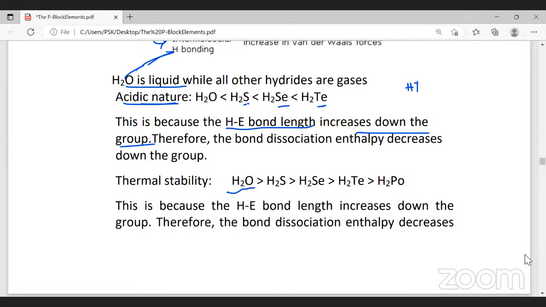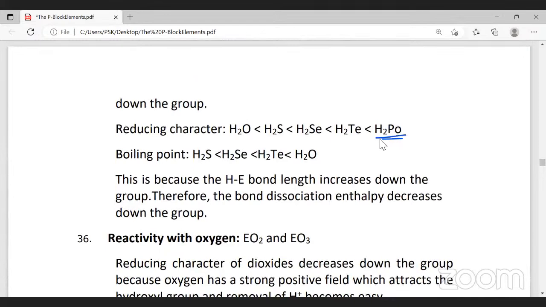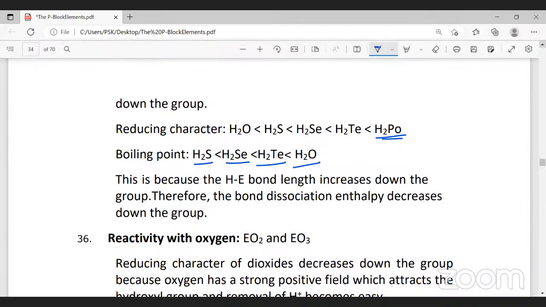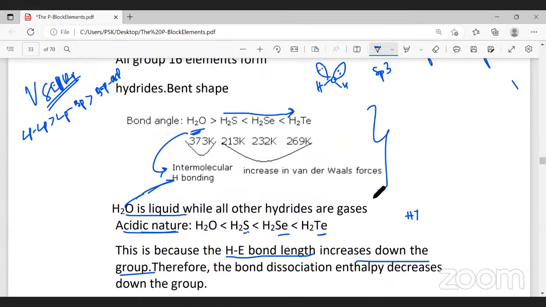Reducing character: water is less reducing compared to H2Po, hydrides of polonium. And boiling point, we have learned hydrogen sulfide is lesser than H2Se, H2Se is lesser than H2Te, which is lesser than water. I'm not explaining that again because we have learned it in detail, the boiling point concept.